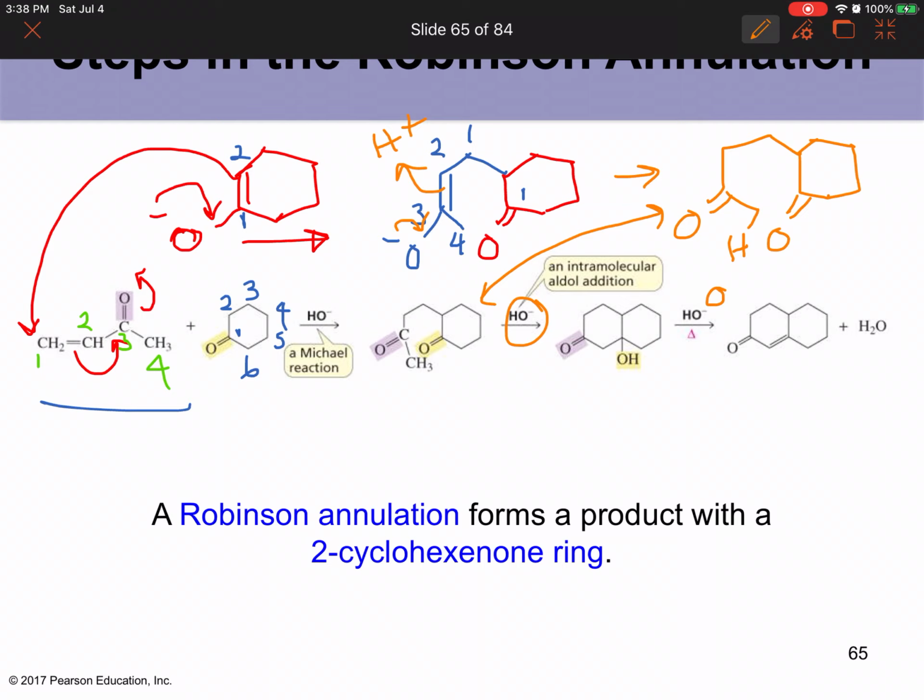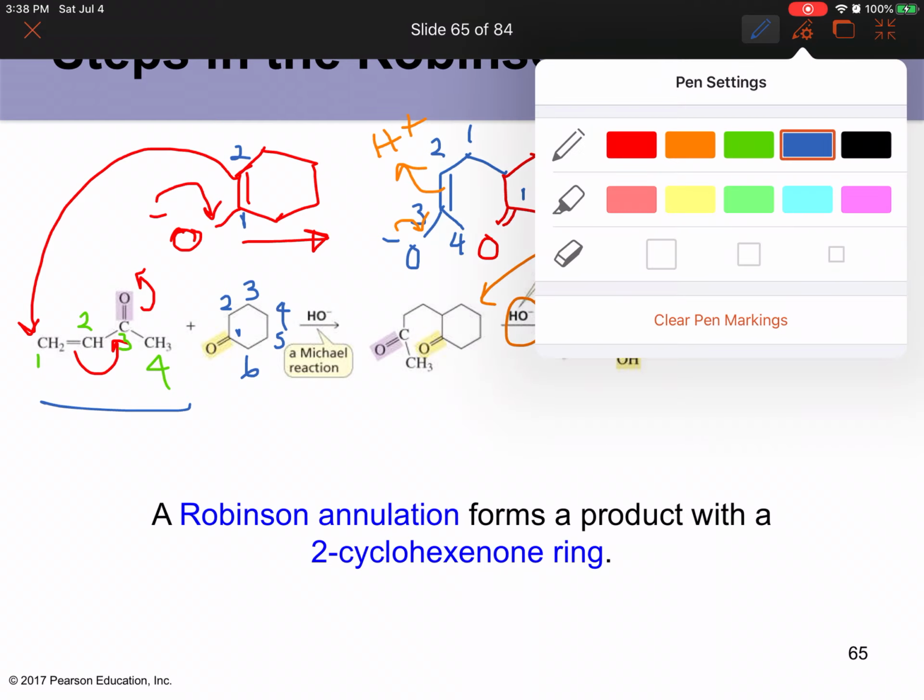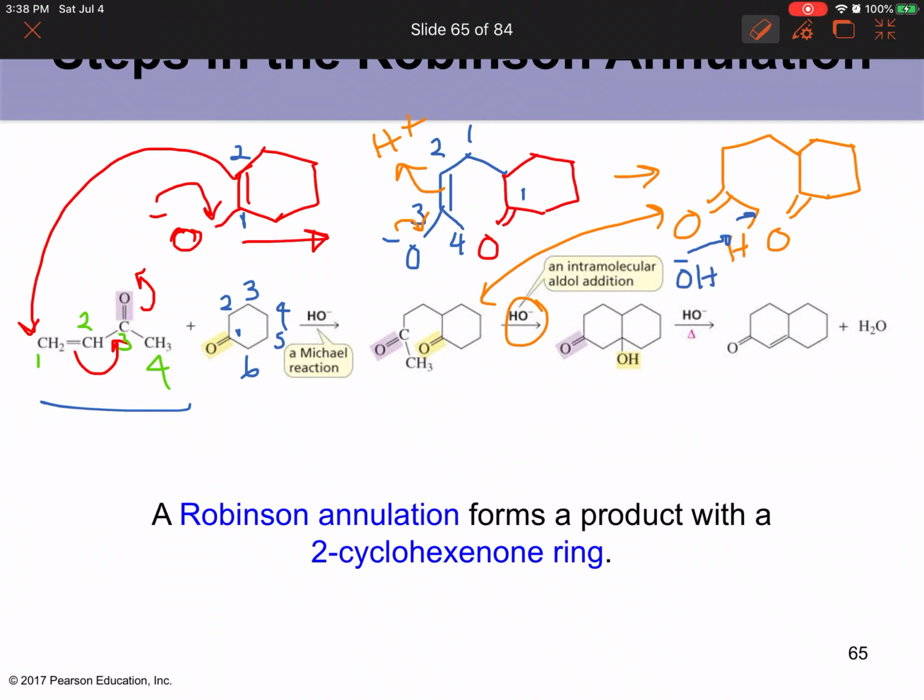So when you add base, this OH minus that we have over here, maybe I can use a different OH. OH minus acting as a base can take this hydrogen and form an anion, giving its electrons to this carbon. You can form an anion there. So we have studied these steps before. Now we are putting them together.